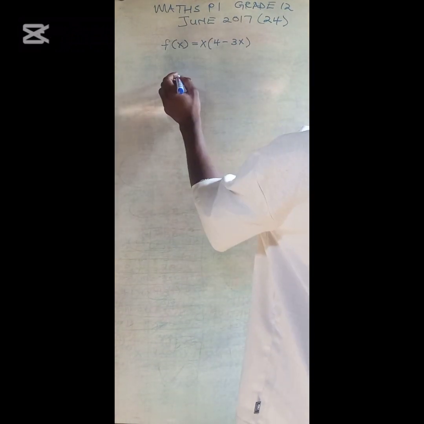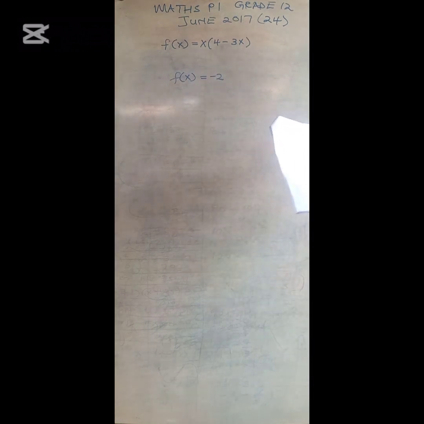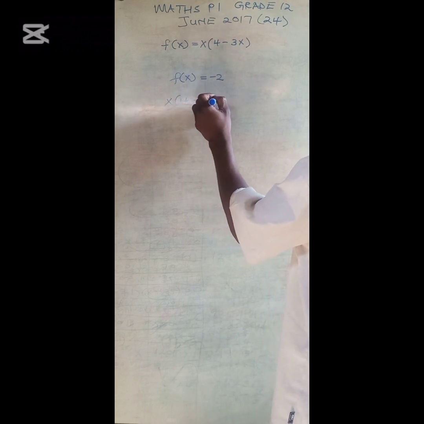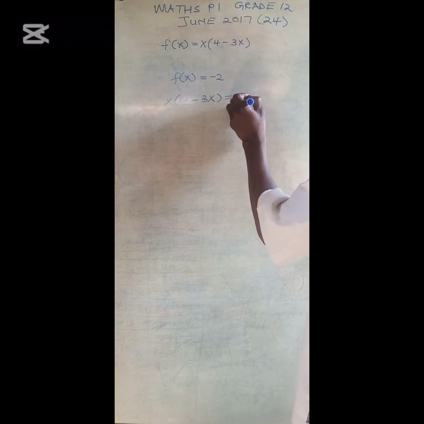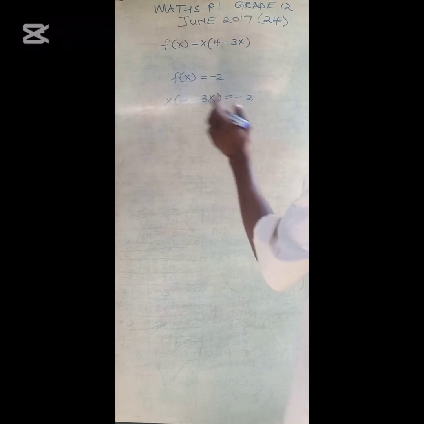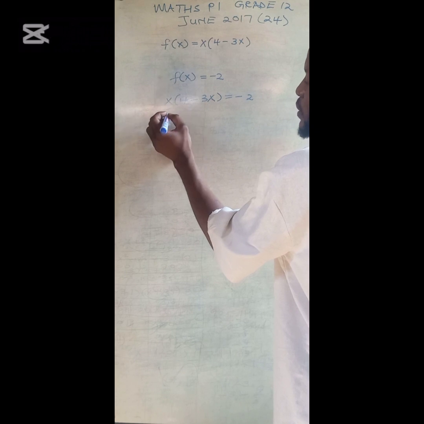They're saying if f of x is equal to -2, correct to one decimal place, right? So we have x into 4 minus 3x is equal to -2. You cannot apply the zero principle here. Remember, we only apply the zero principle if we have a 0 on this side. So let's multiply out.